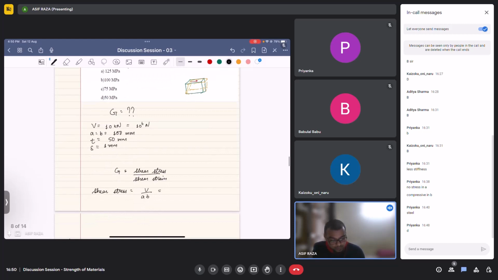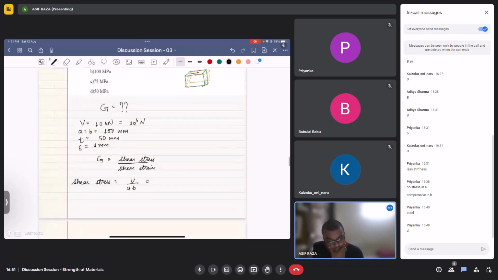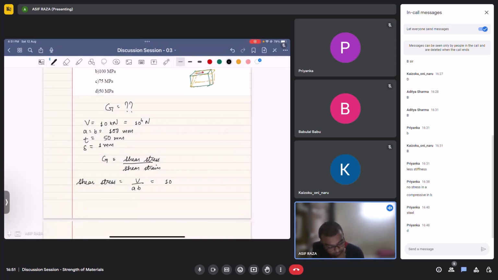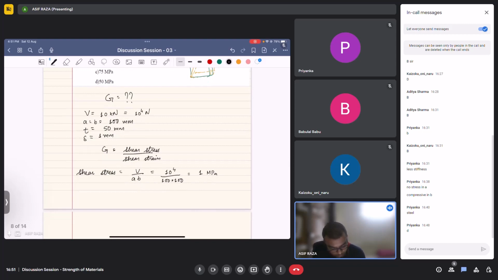So what would be the shear stress? V upon AB. Priyanka has already given the answer. Let's see if it comes to that. V is 10 to the power 4, A is 100, B is also 100. So this is 1 MPa, isn't it? 10 to the power 4 Newton per mm square.